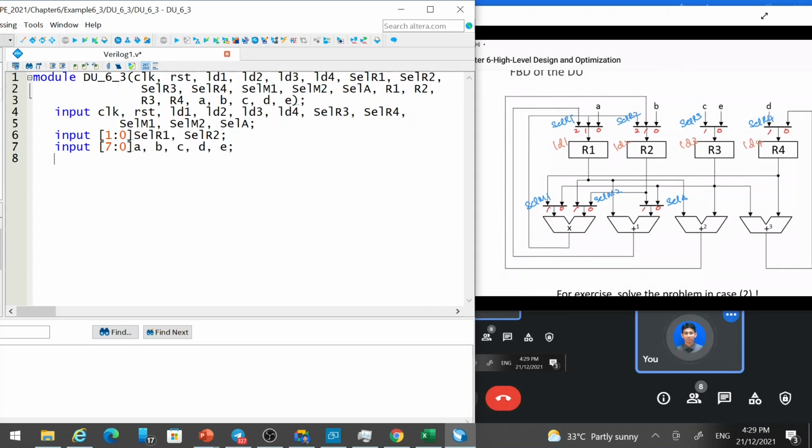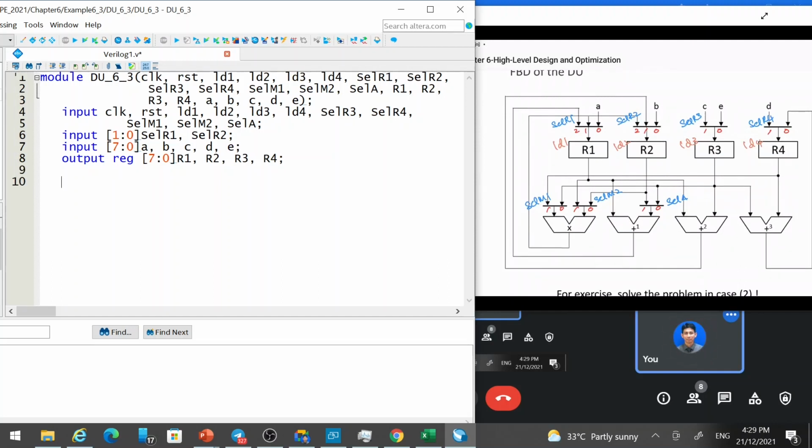And we have the output, and it should be in the form of reg, 8-bit: R1, R2, R3, R4. Okay, that will be our declaration.